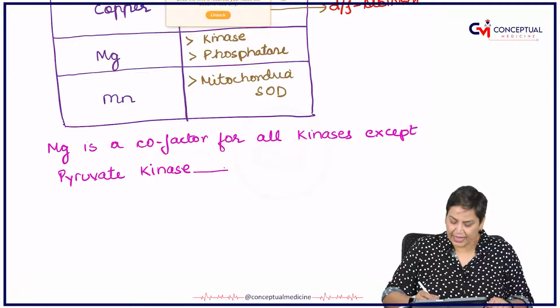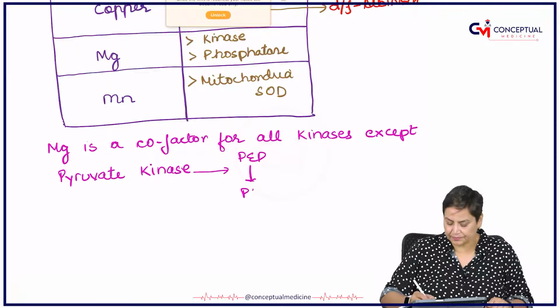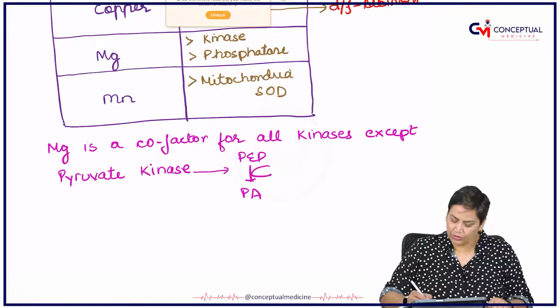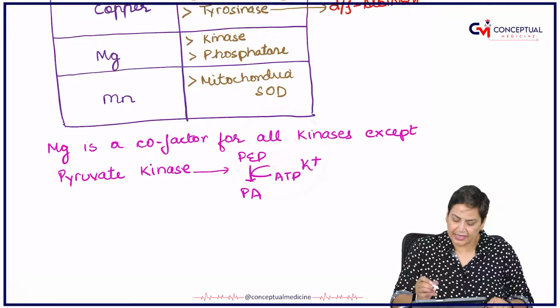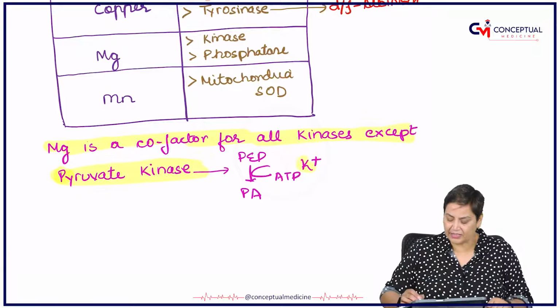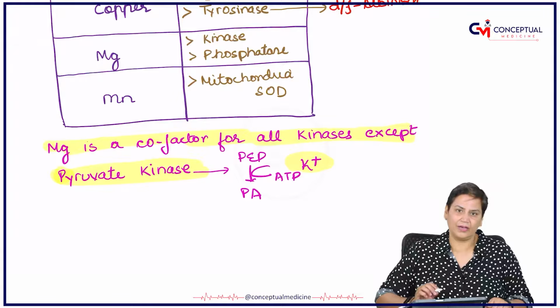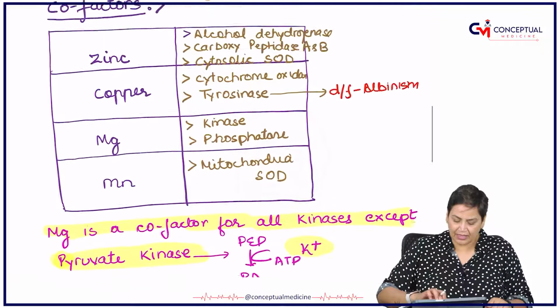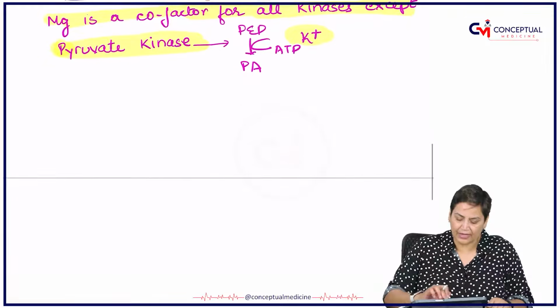And this pyruvate kinase is catalyzing the conversion of PEP to pyruvic acid. And here we all know that ATP is synthesized and the cofactor here is potassium. So this is an exception, right? Otherwise, magnesium is a cofactor for all kinases except pyruvate kinase, where potassium is the cofactor. Okay. So these are the different examples of cofactors.